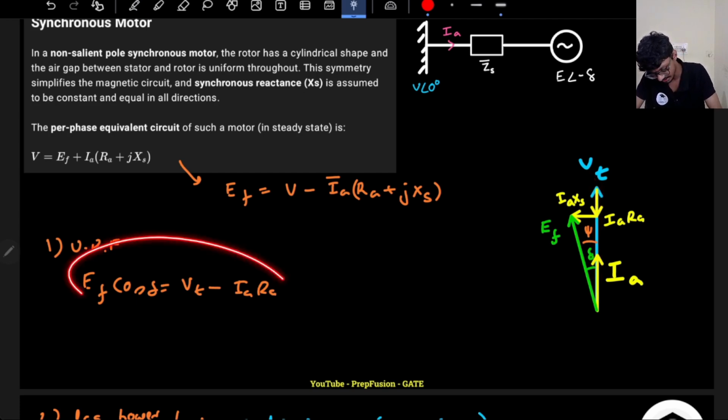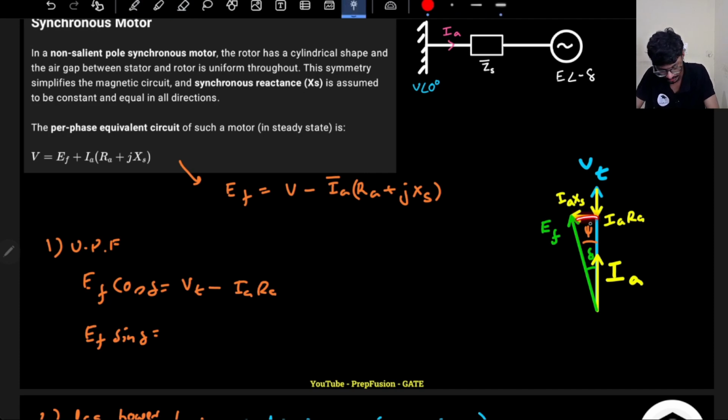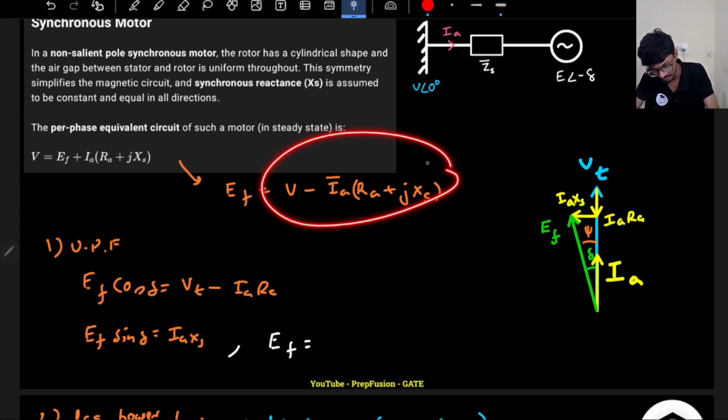And EF sin delta is only this component, IA into XS, because I don't have any horizontal component, only this component is there. From here I can directly say what my EF will be. Here also we could have said it directly.